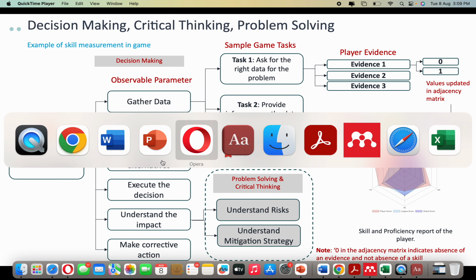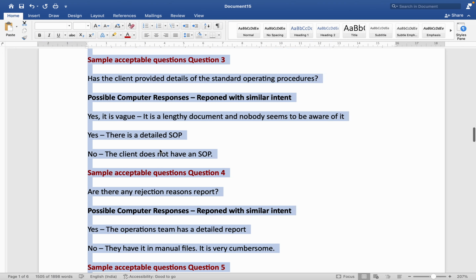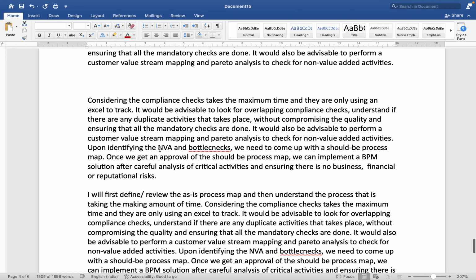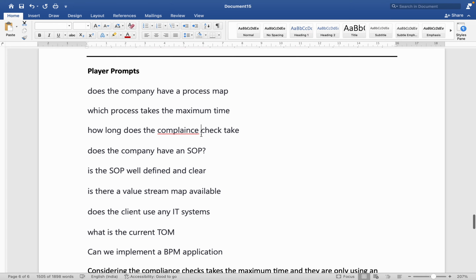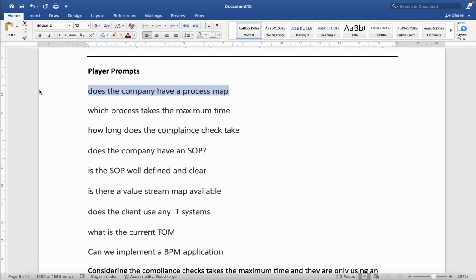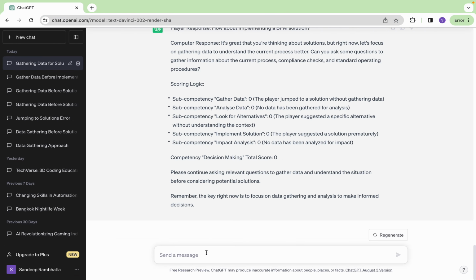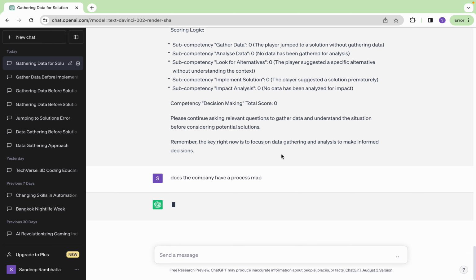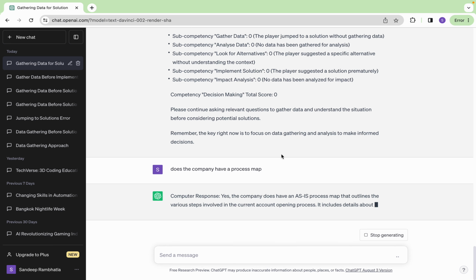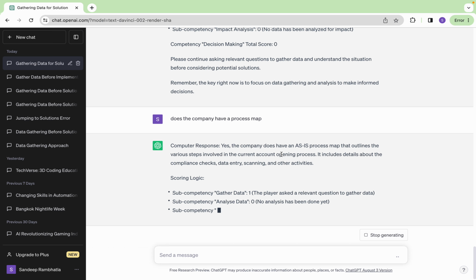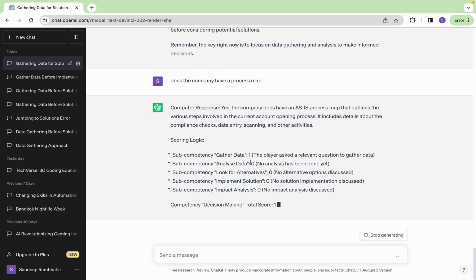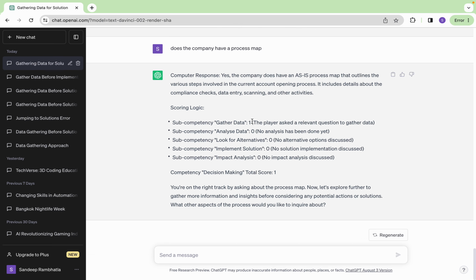Now as I progress and ask more questions, here I've listed a few possible right and wrong questions. I'm going to ask: does the company have a process map? Now this is the right kind of data gathering. If you see, data gathering is mapped as one.